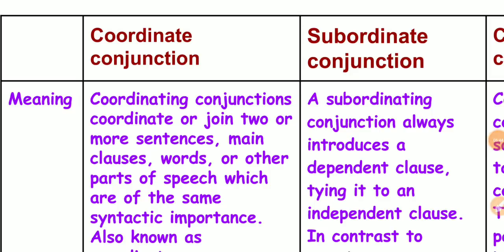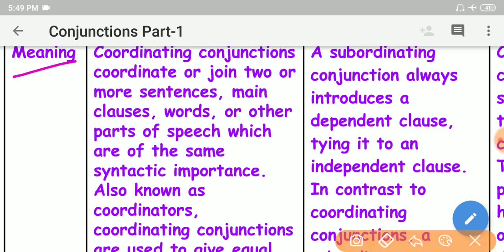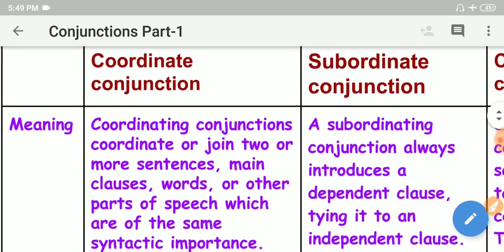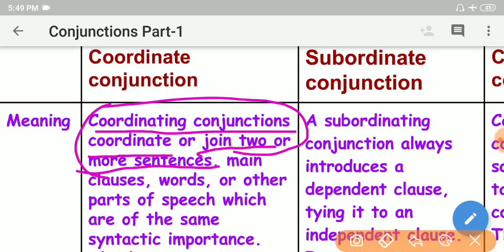Okay, see, my dear friends, here first we are going to discuss what is a coordinating conjunction. See, here we have the meaning. What is a coordinating conjunction? A coordinating conjunction is one which coordinates or joins two or more sentences.